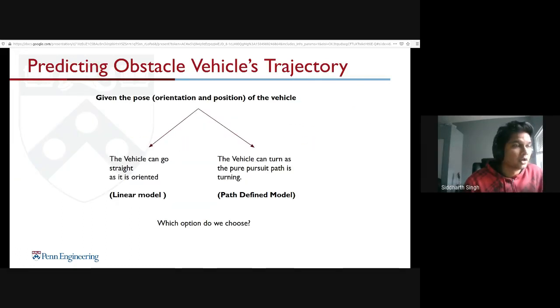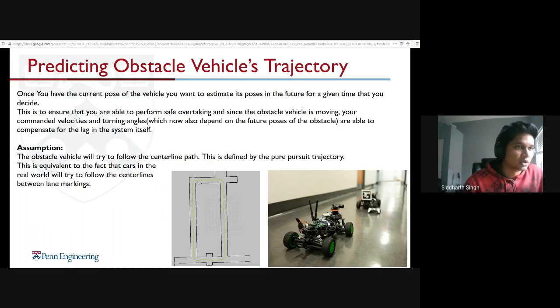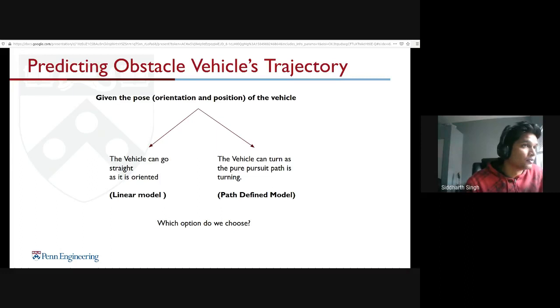We have two options. When I'm seeing the vehicle and it's straight, we could assume it is going to go straight. But there is no stopping this vehicle, although the assumption states it, from taking a left or right turn. So we can have two scenarios. The vehicle can go straight as it is oriented, or the vehicle can turn as the pure pursuit path is turning.